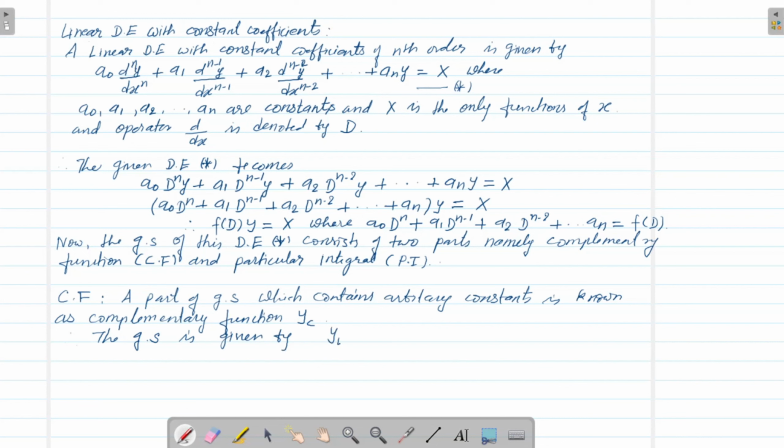The general solution is given by YG, or simply you can say Y, and this is equal to YC plus YP, where YC is the complementary function and YP is the particular integral. Now there are methods to find the complementary functions depending upon the nature of the roots of the auxiliary equation.